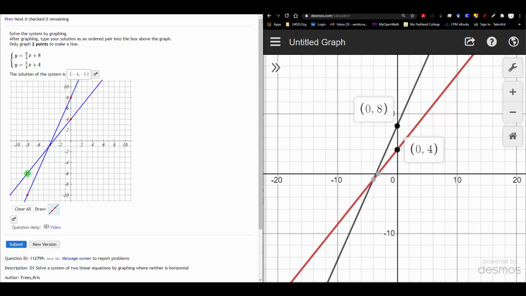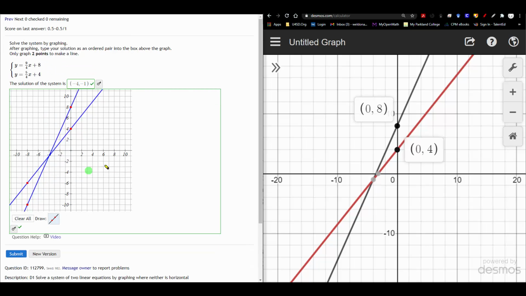And I'm going to click. And that sets my 2 lines. And you can see our intersection point. We don't actually have to mark the intersection point on this one. It doesn't say that I have to put a point on the intersection, but we can see it right here at -4, -1, which was where we said our solution existed. All right, and then when I click submit, it should tell us that we got everything right, as long as we plotted those lines correctly.